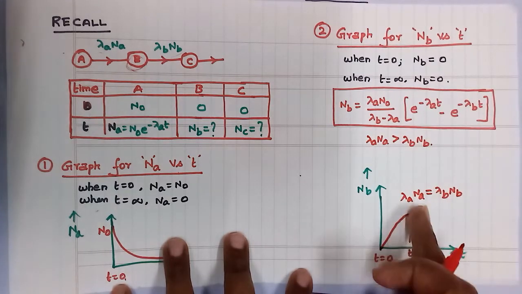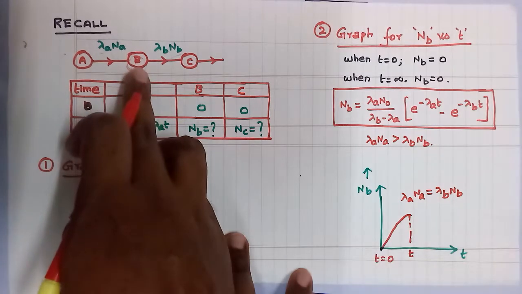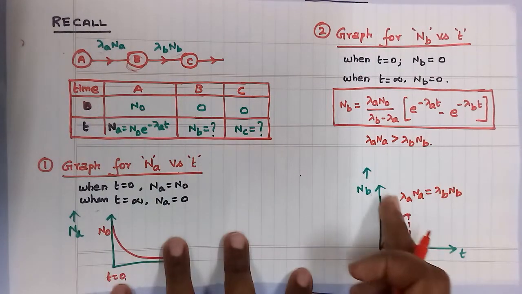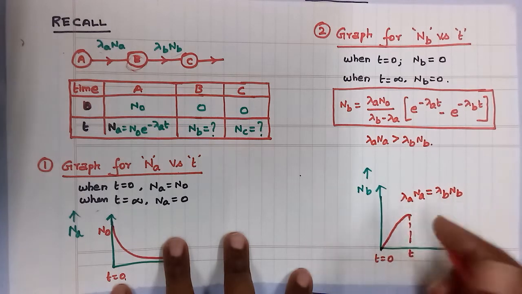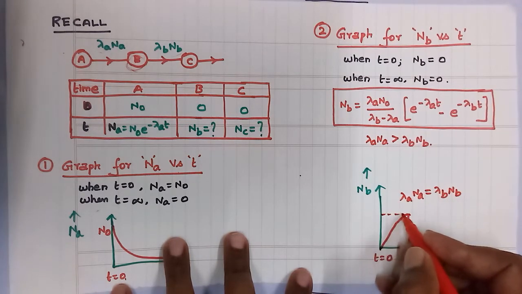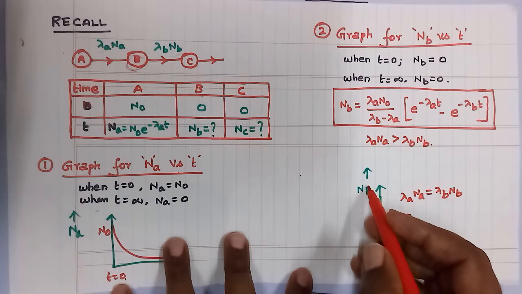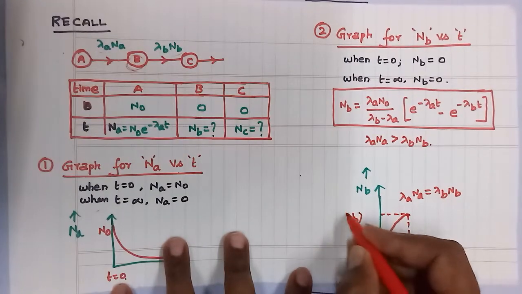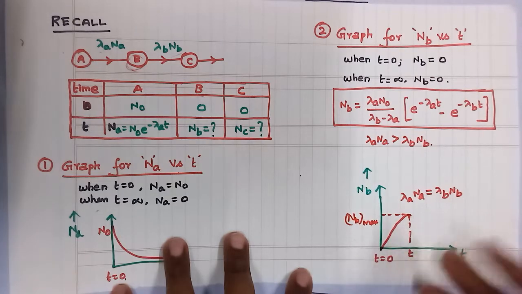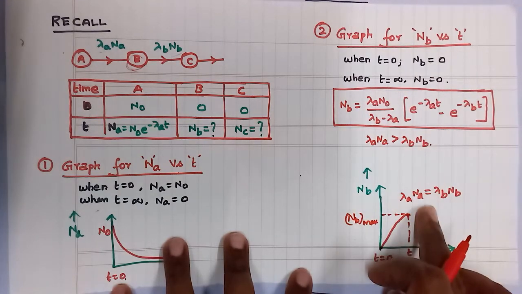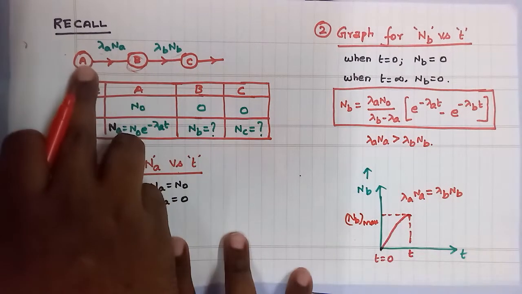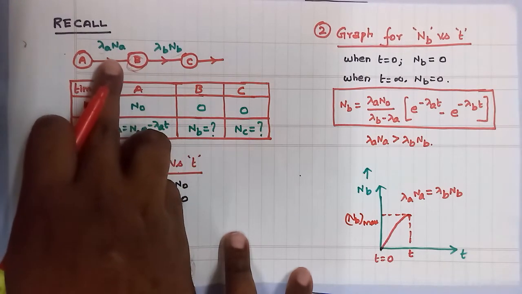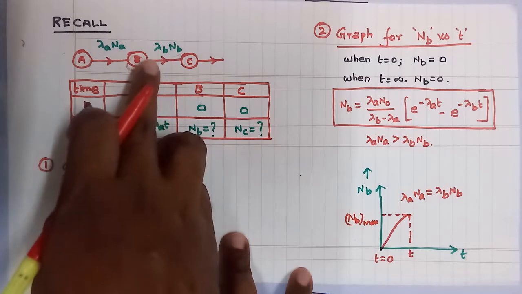When the activity of A is equal to the activity of B, the equilibrium state is reached. By that time, the total number of nuclei in B will be at its maximum. After this equilibrium condition, the activity of A will be lower than the activity of B.